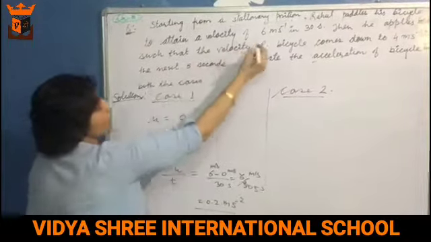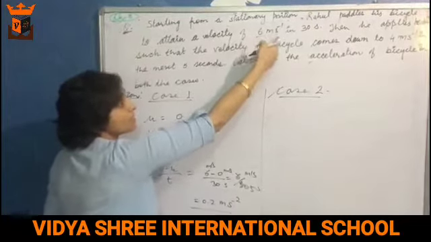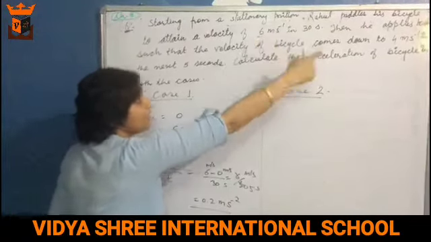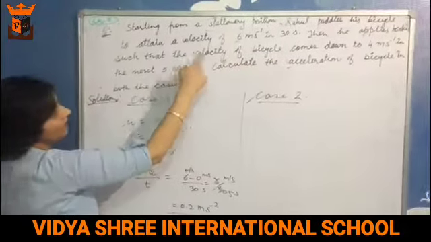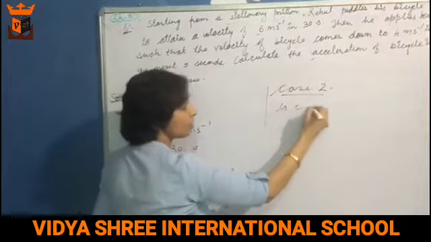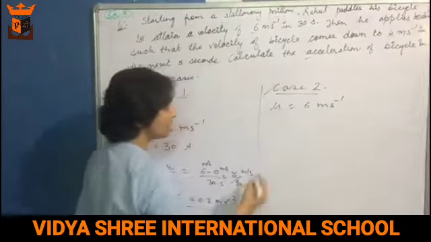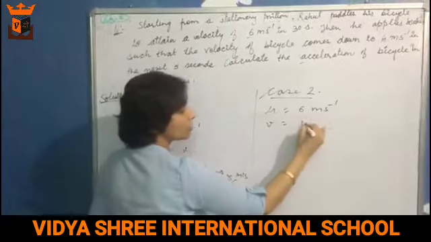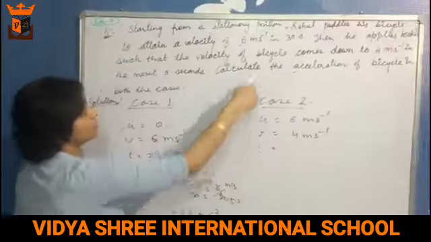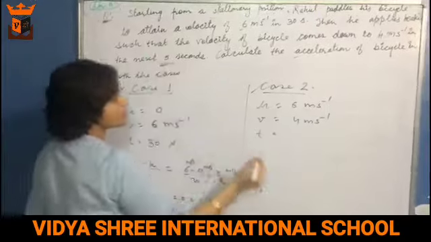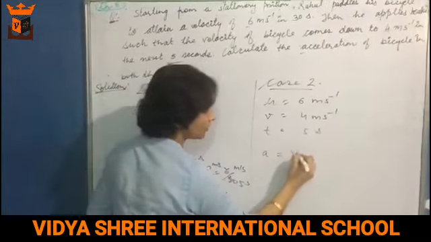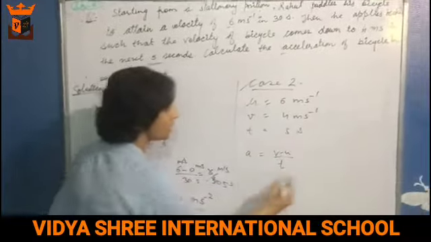Earlier the velocity was 6 meter per second, then he applied brakes, and the velocity became 4 meter per second. So here, initial velocity is what? 6 meter per second. Final velocity is what? 4 meter per second. Time is what? 5 seconds. So acceleration is what? v minus u upon t.